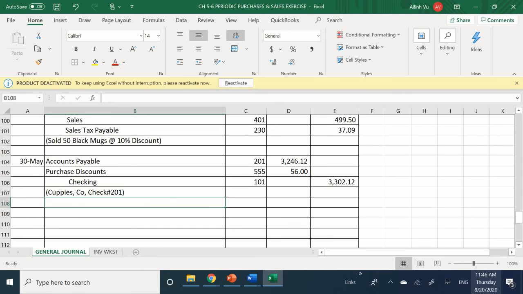Just to clarify on the discounts, we would take the complete total with the discounts we got along the way. We would only use the one that we got for paying early. Okay, so the first batch, what was my discount?